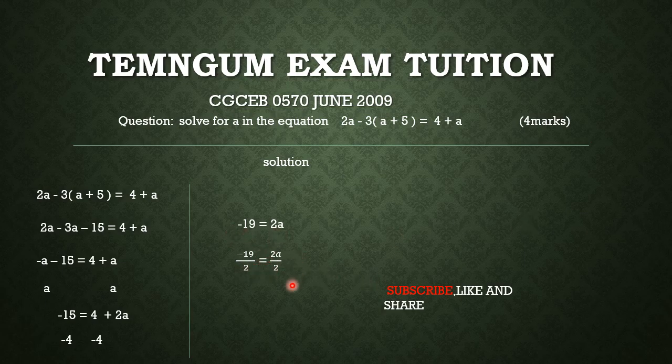And you see here that the 2 will cancel with this 2, and I will be left with a on the right hand side, and we'll just have negative 19 over 2 on the left hand side. Basically, our a will be minus 19 over 2. So that is exactly what we get. And please, that is the answer to this linear equation.